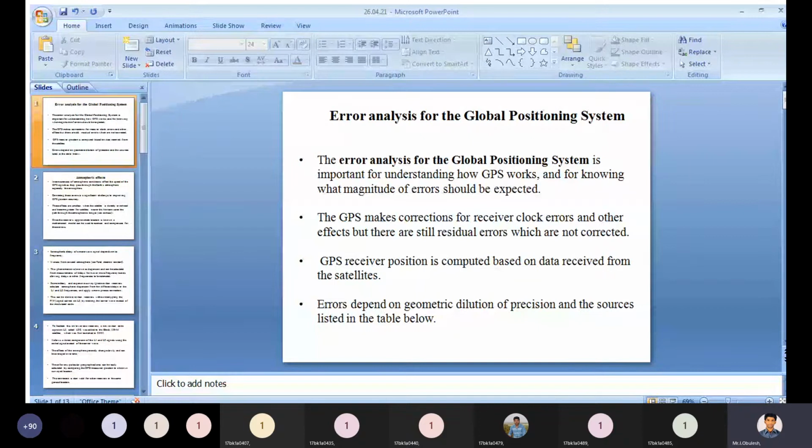The data will be received from the satellite, based on the position of the GPS receiver.